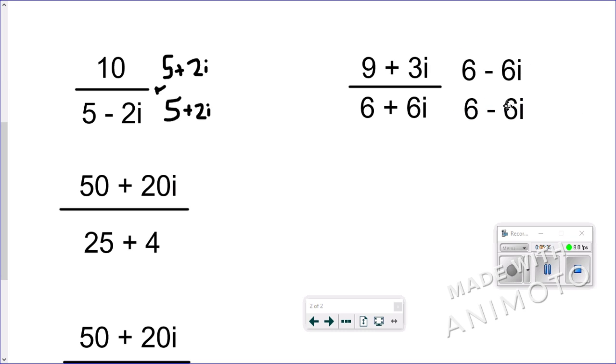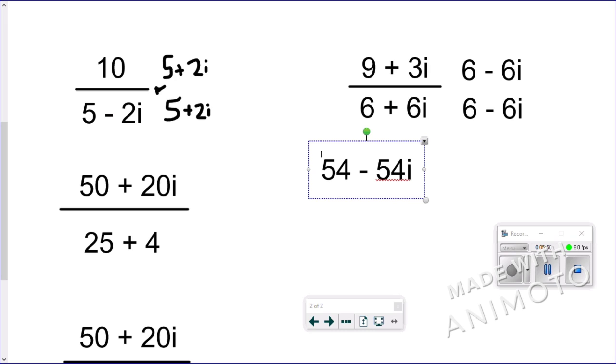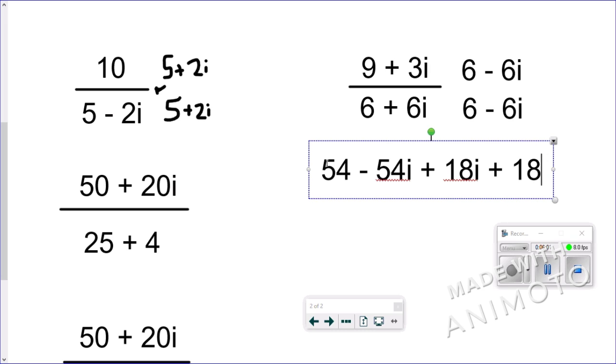And then in this case, we are going to have to FOIL each. So 9 times 6 is 54. 9 times negative 6 is negative 54i. And then 3i times 6 is positive 18i. And then 3i times negative 6i will be negative 18i squared, which is positive 18.